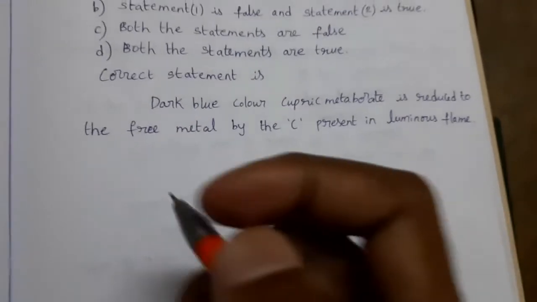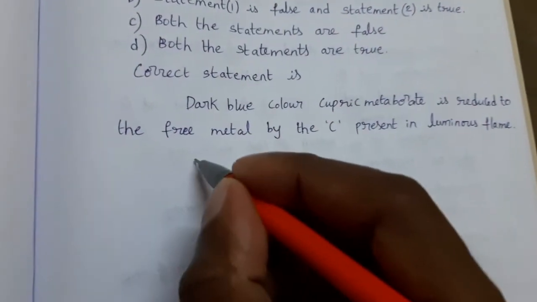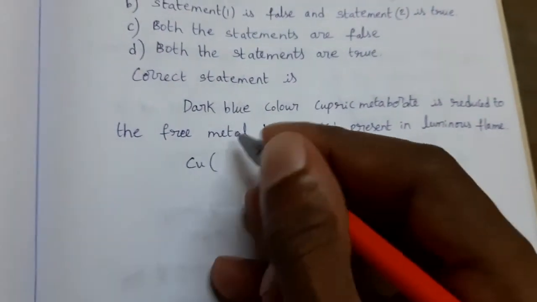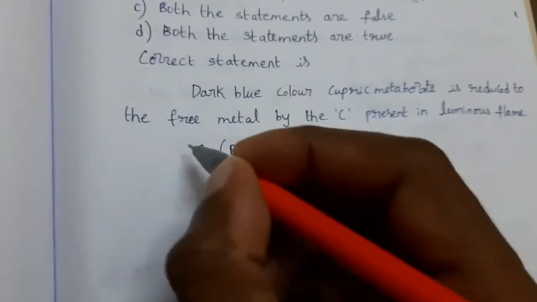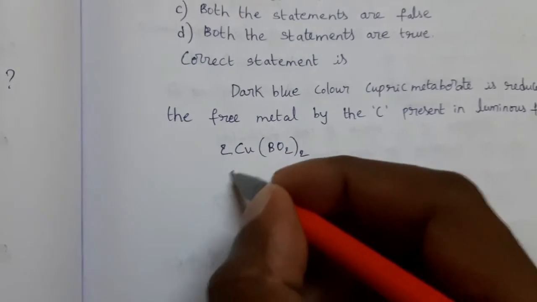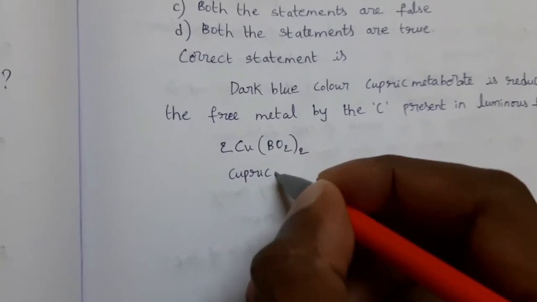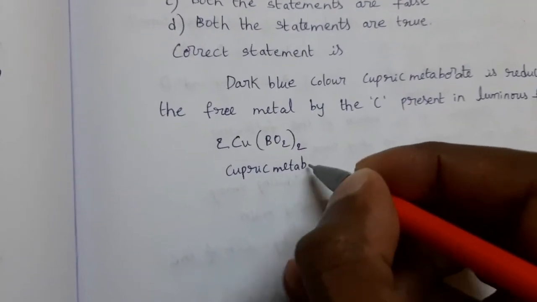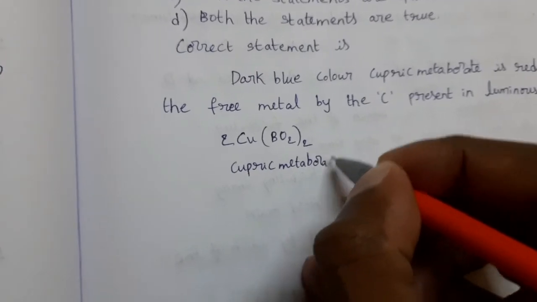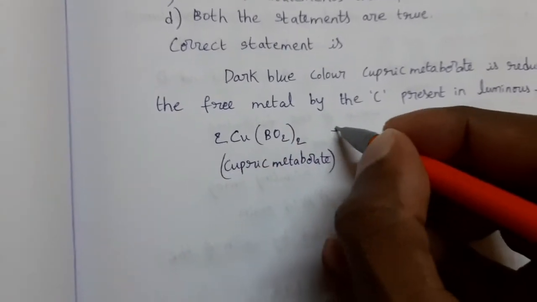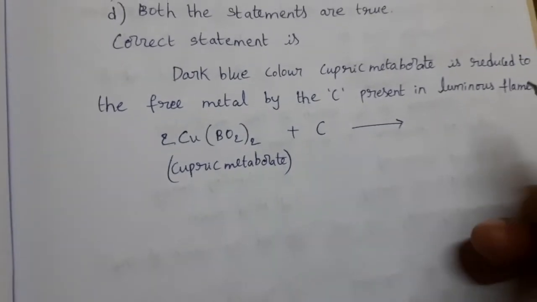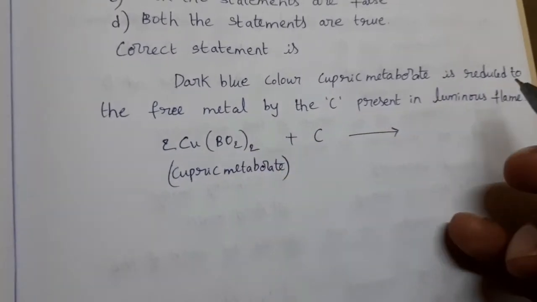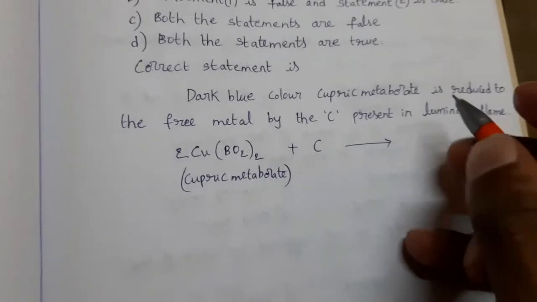See the reaction. Cu(BO2)2, this is cupric metaborate. Cupric metaborate is heated in luminous flame. Then the carbon present in that flame reduces this one to cuprous metaborate.